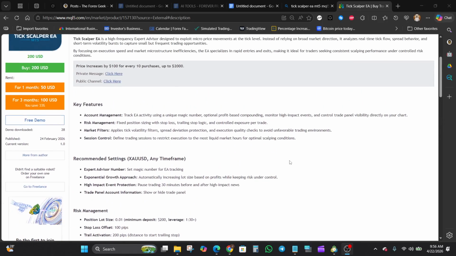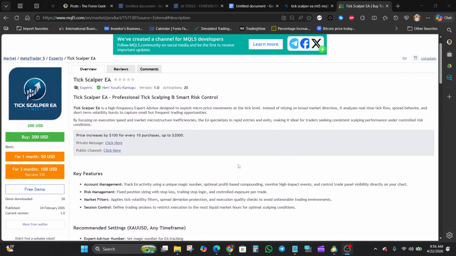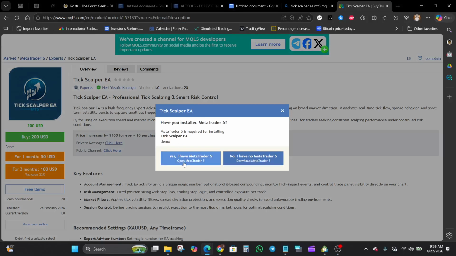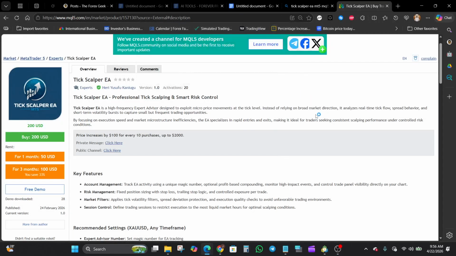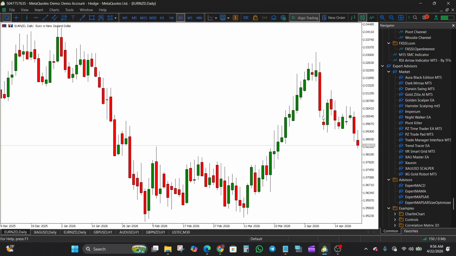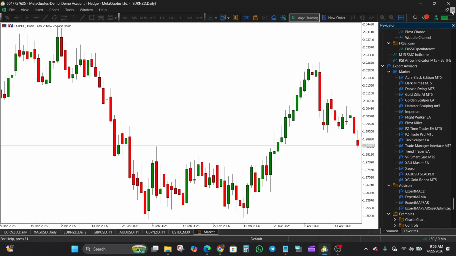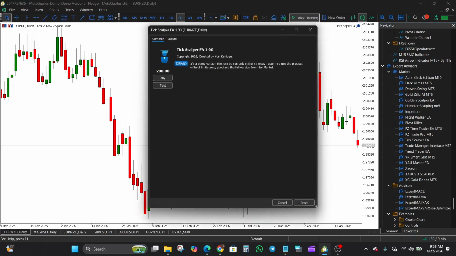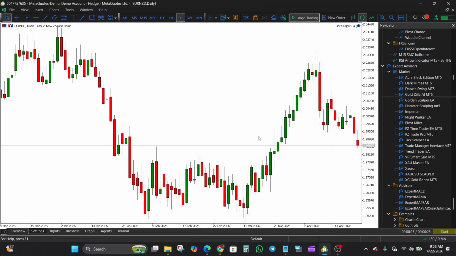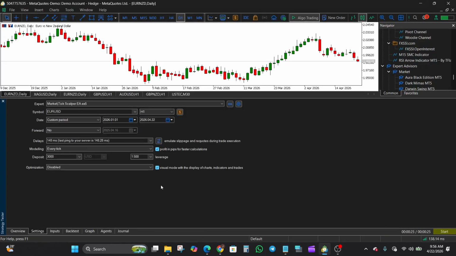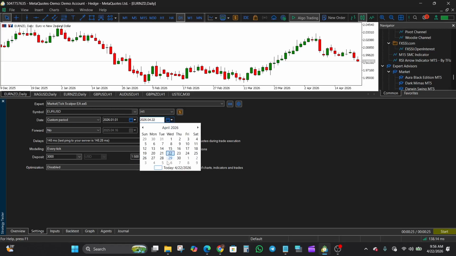All right, so let us just jump into the strategy tester. We have covered the general idea behind the EA. So let's see how this thing actually behaves in real market conditions. For this test, I am running it from the start of the year up until the recent date.